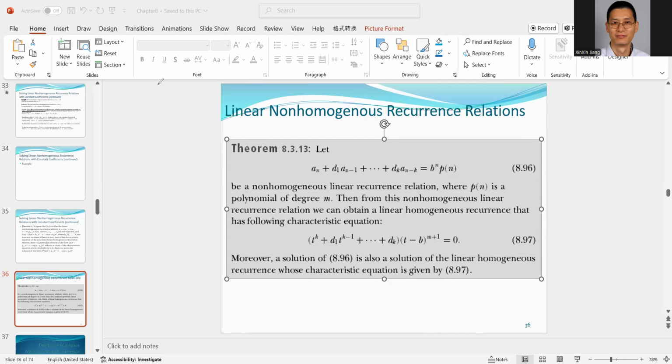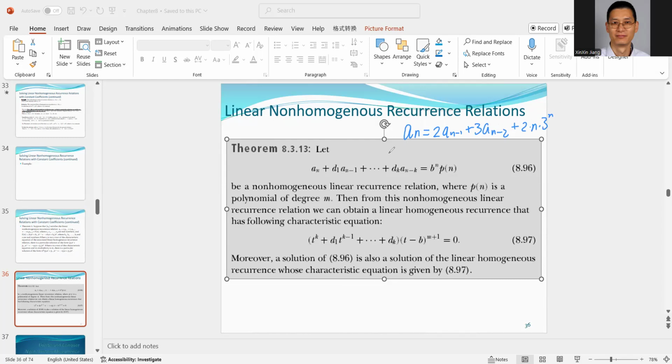So in our example, I'm going to write this down: a sub n equals 2a sub n minus 1 plus 3a sub n minus 2 plus 2 times n times 3 to the n.